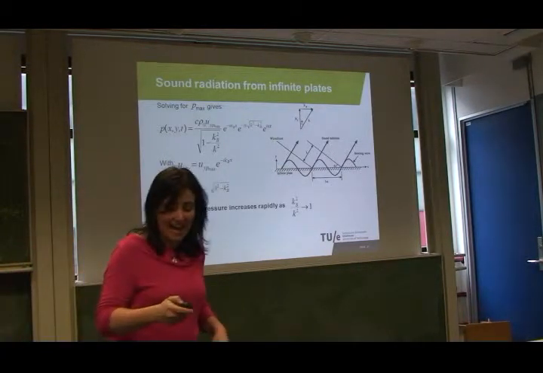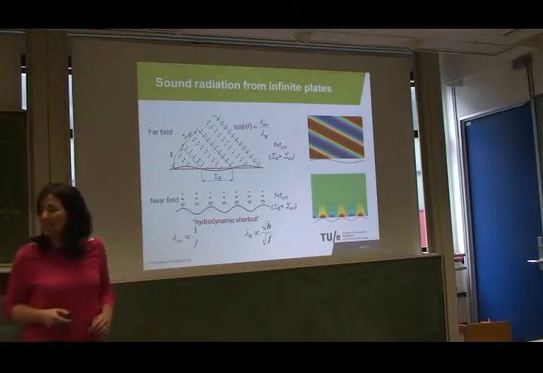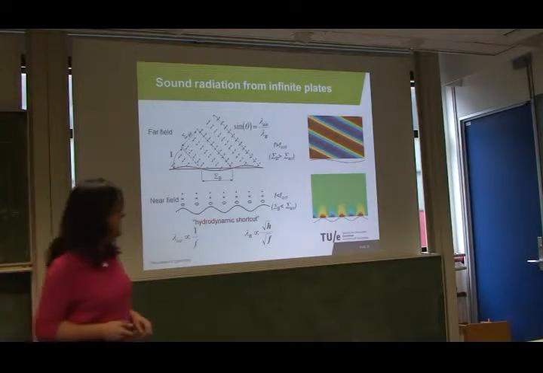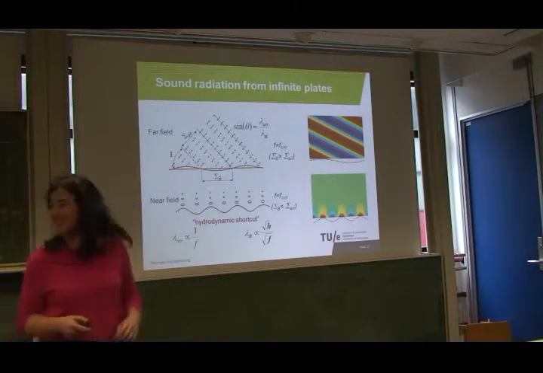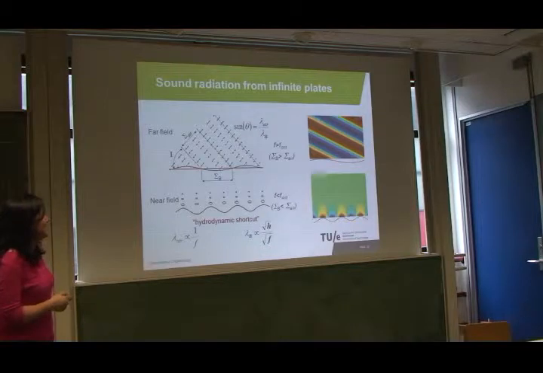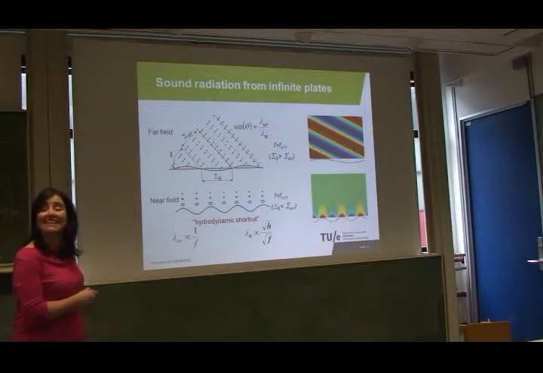And what does this mean? These are nice animations Rick made very long ago, but they still work, I still use them. So what you see here, at the top, is the situation when the acoustic wavelength is smaller than the bending wavelength.